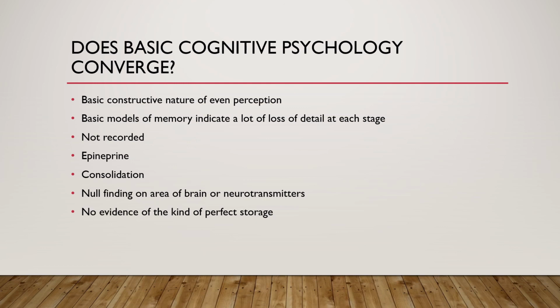And of course, we have found no evidence of any kind of perfect storage, the kind of storage that would be necessary to explain some of these repressed memory cases where there was no memory at all for a period of years, and then almost perfect vivid memory being brought back in psychotherapy. And there's also no evidence that such reliable storage can be completely blocked out by an entity.